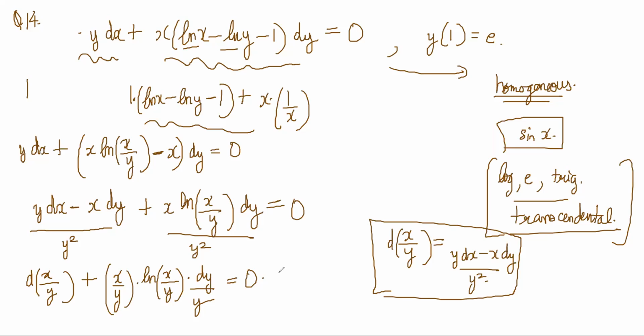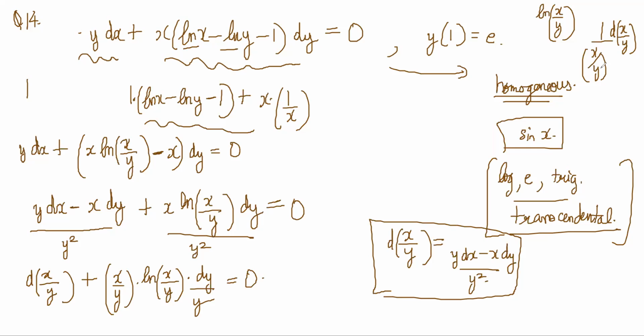Okay, so now what is the differentiation of ln x by y? With respect to y, no, 1 second, 1 by x by y and then d of x by y, right?